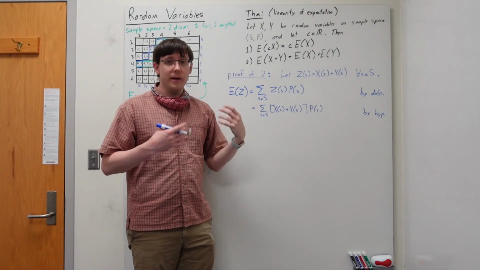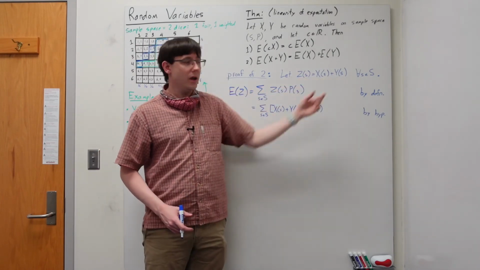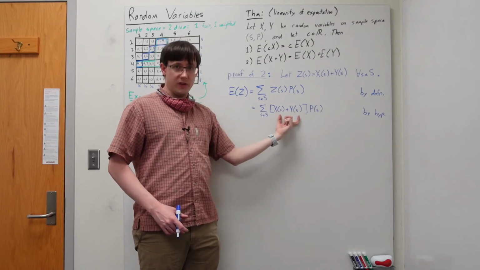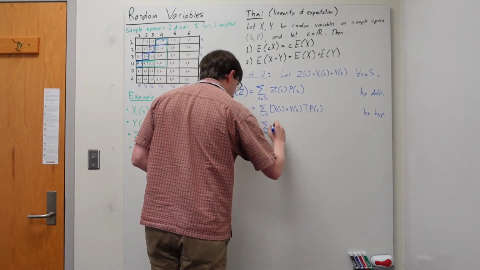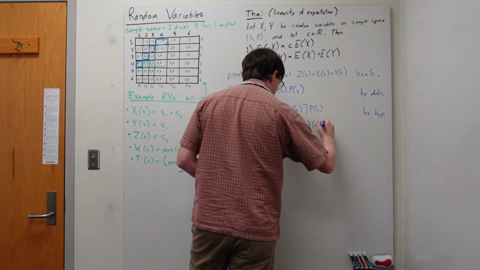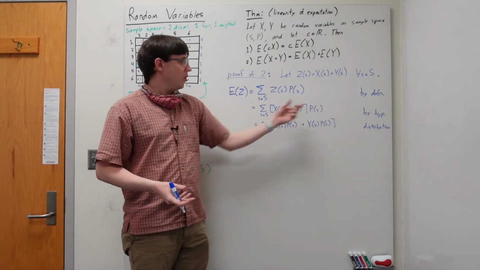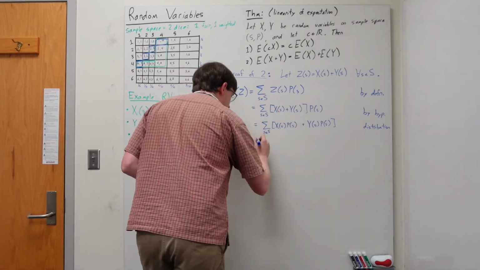And because in our hypothesis we defined z to be x plus y, we can substitute for z. We can distribute multiplication over addition.